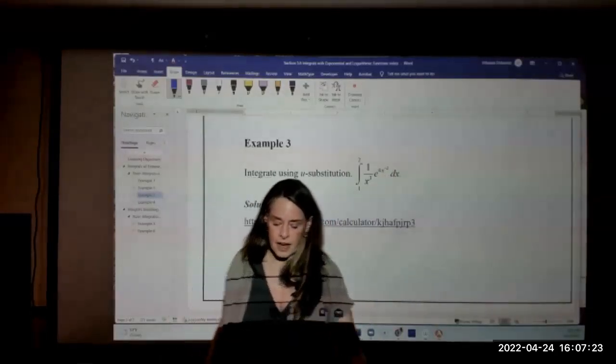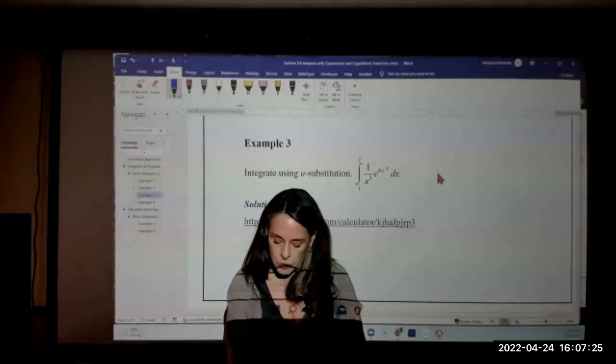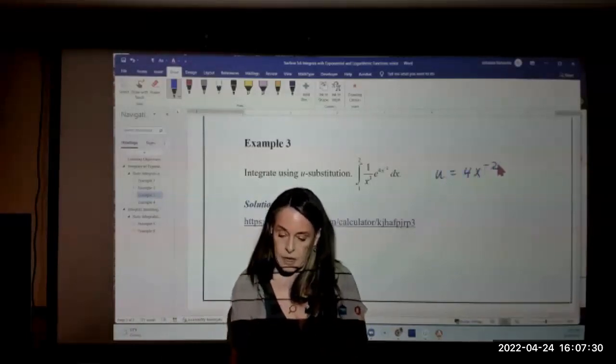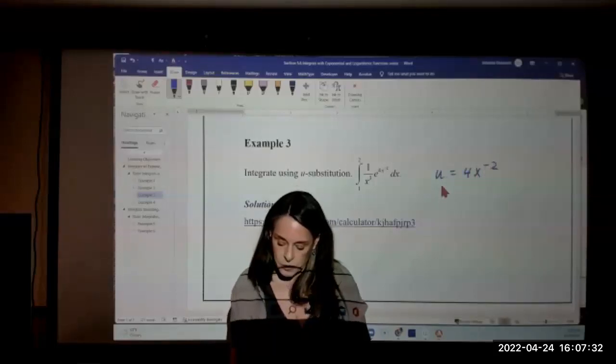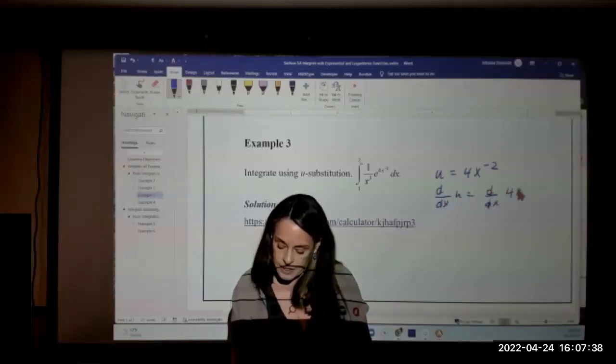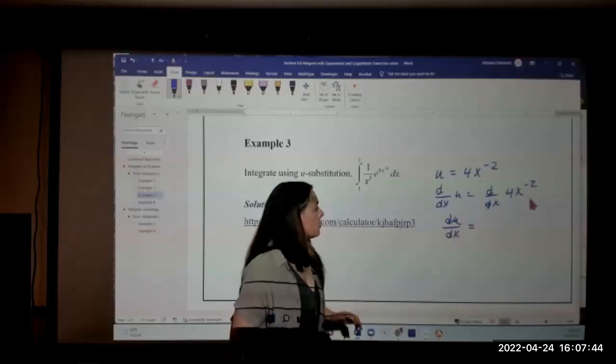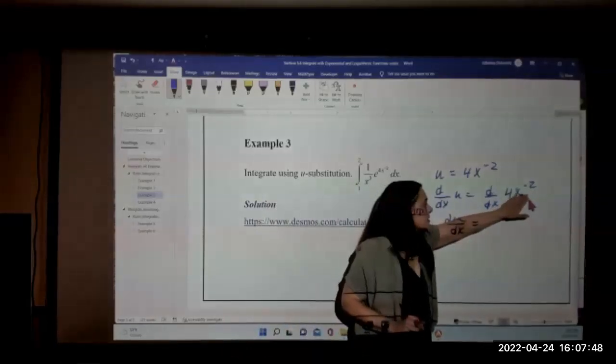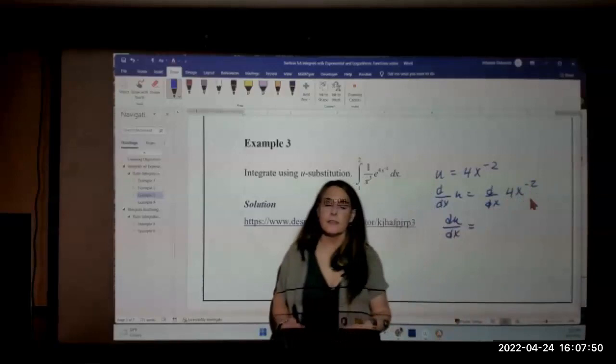So when I look at that, I'm going to take u to be equal to 4x to the negative 2. When I do that, I need to remember to take the derivative with respect to x of both sides of the equation. This is then going to give me du dx on the left, and then I'm going to apply the power rule on the right. Power rule because the base is the variable x and the power is a constant negative 2.